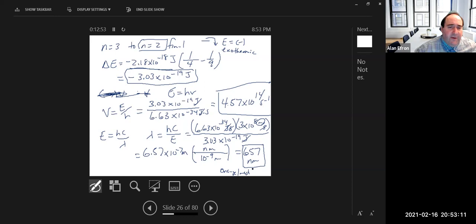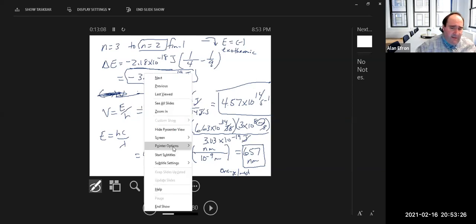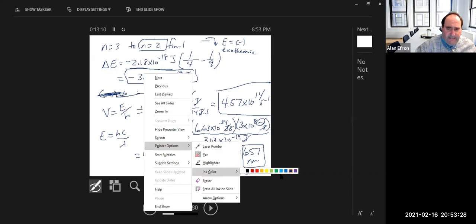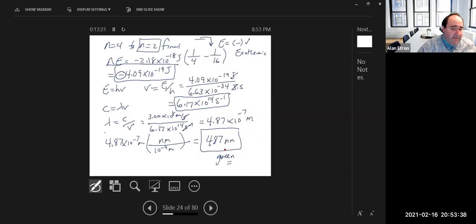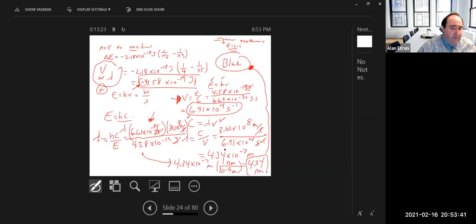Just to answer one of the last questions, I think that was actually on it: what transition is the longest wavelength? We would expect the longest wavelength to be this one here: 657 versus 487 and versus 434.